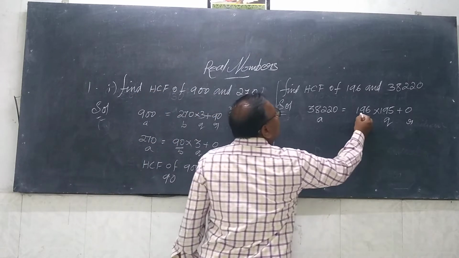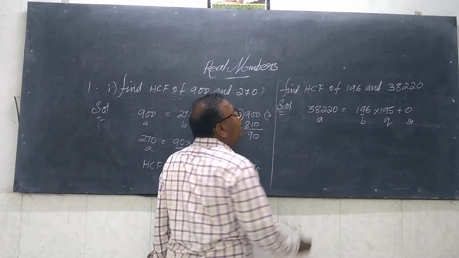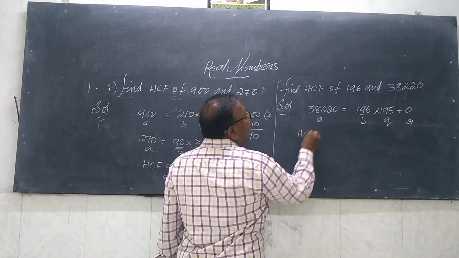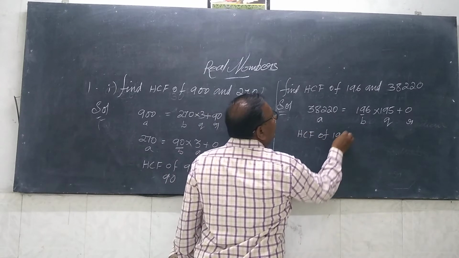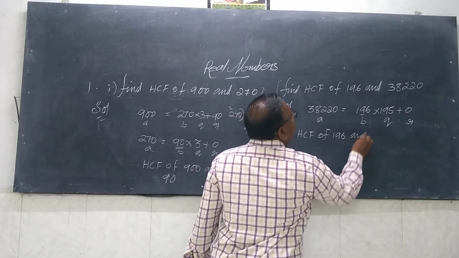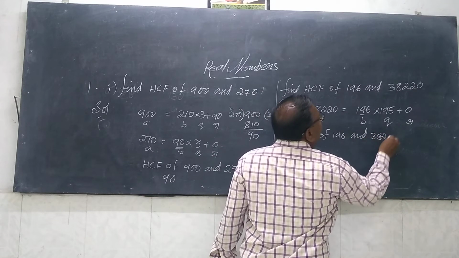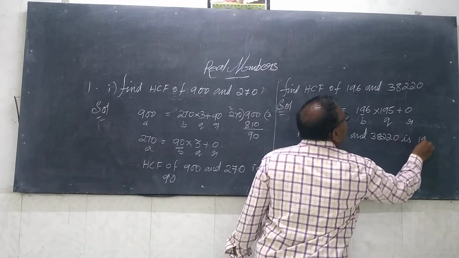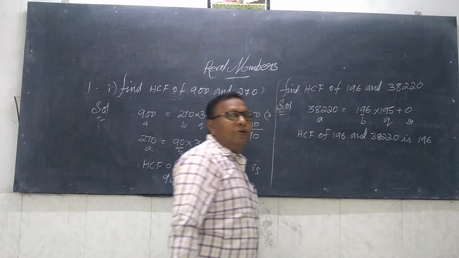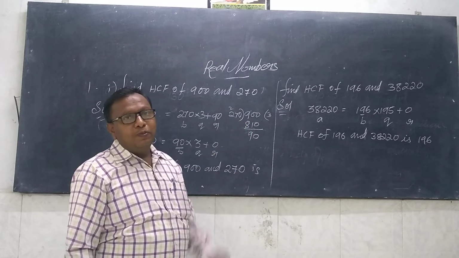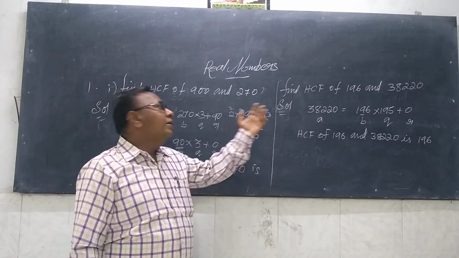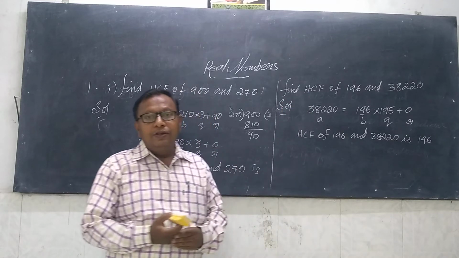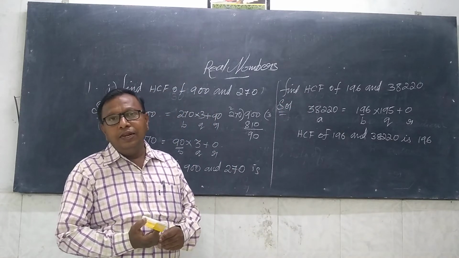So this divisor here, 196, is the HCF of the given two numbers. Therefore HCF of 196 and 38,220 is 196. This is one more problem to understand how to find the highest common factor using Euclid's division lemma.